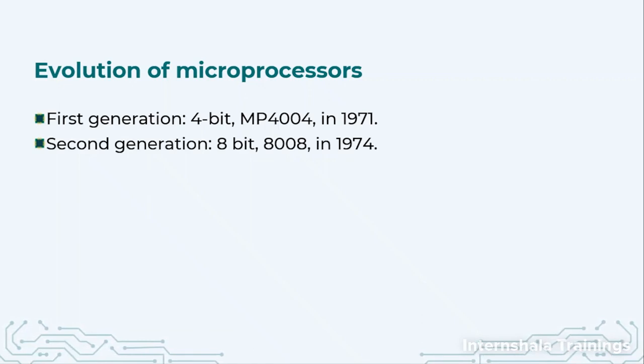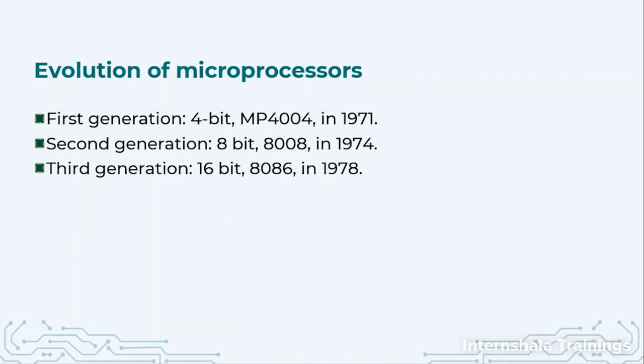They were able to perform very simple arithmetic operations. Then came the 16-bit microprocessor 8086 in 1978. This microprocessor had a lot of operations to be performed, and the computing community started growing with this microprocessor.